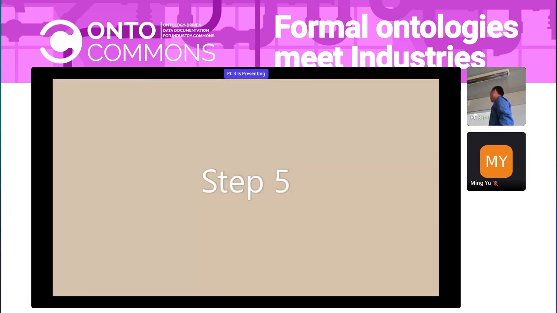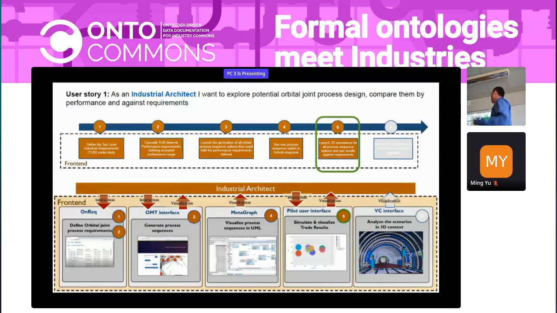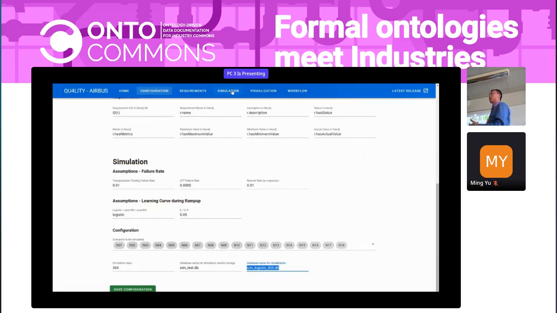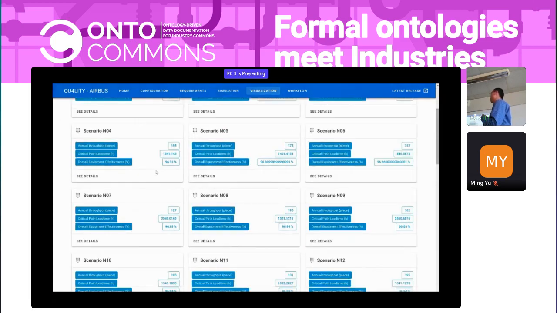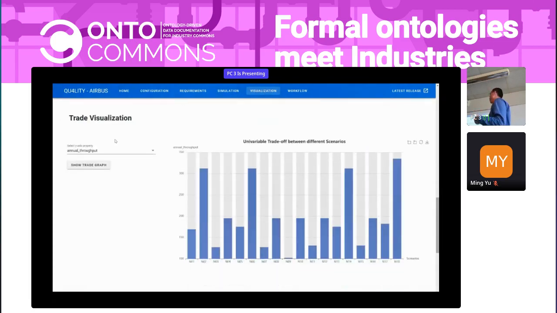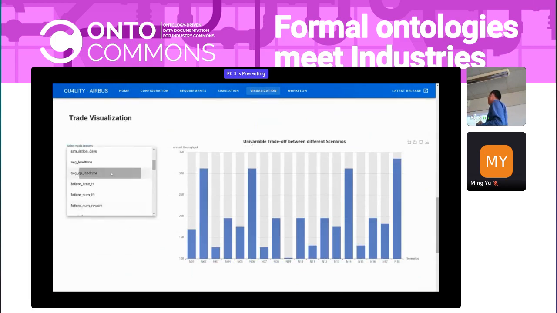And there are different activity diagrams, etc. You can then launch the 2D simulation. Basically, this is the discrete event simulation. That's to calculate some KPI values, and then we can present the result to the user.